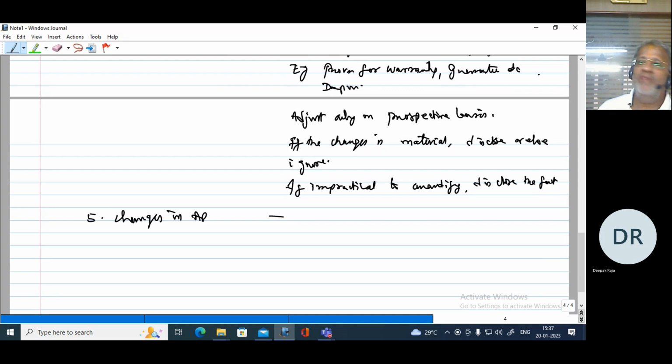In audits, they say this is the company's policy. Choice of method to follow a principle is called policy.